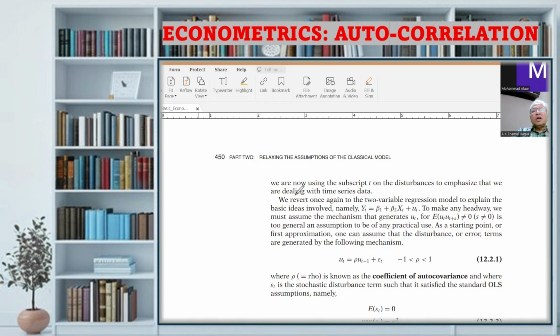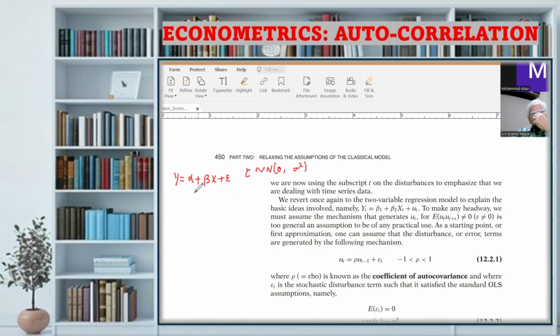So let's now start with an assumption. Let's start with a model, which is y equals alpha plus beta x plus epsilon. Remember, our epsilon is normally distributed with zero mean and sigma squared variance.